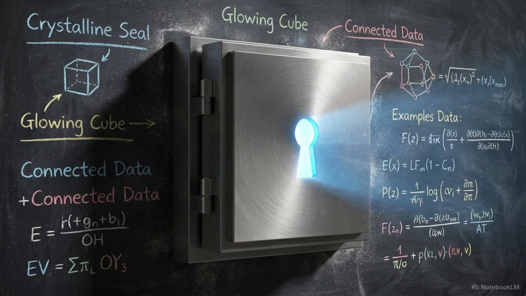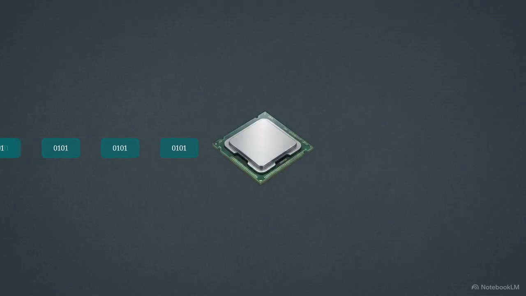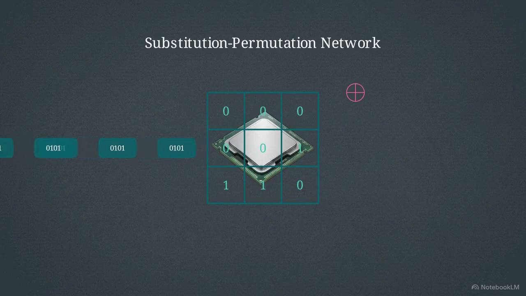The engine driving bulk data protection is symmetric cryptography. Algorithms like AES and ChaCha20 utilize a single shared secret key to both encrypt plaintext and restore the resulting ciphertext. This diagram illustrates exactly why symmetric algorithms are chosen for heavy lifting. They are designed around substitution permutation networks, which rely heavily on bitwise operations and logical XORs.